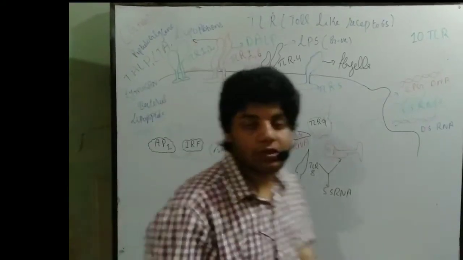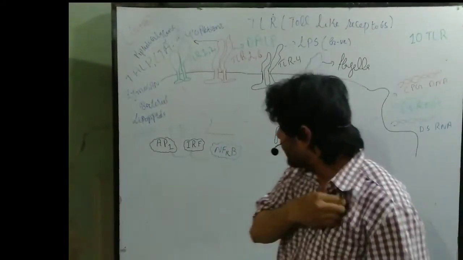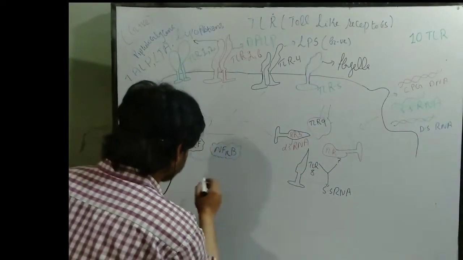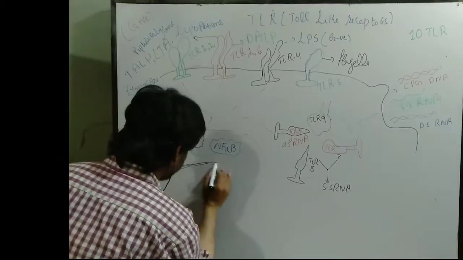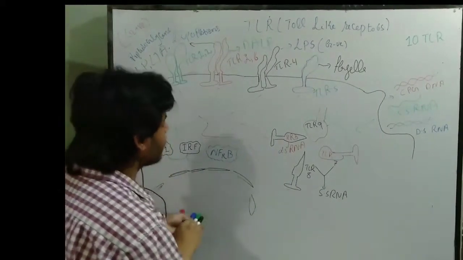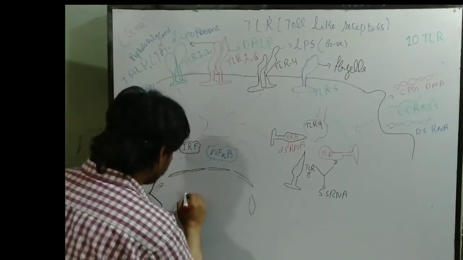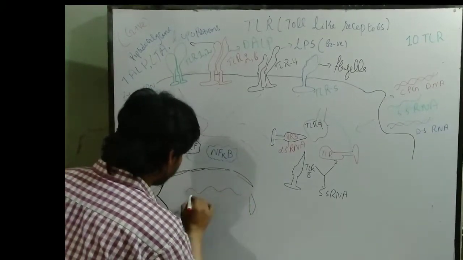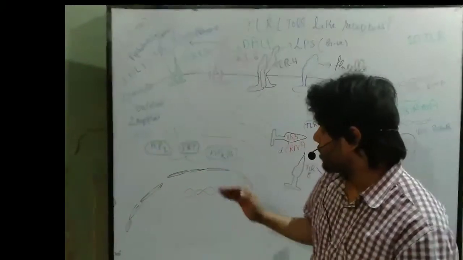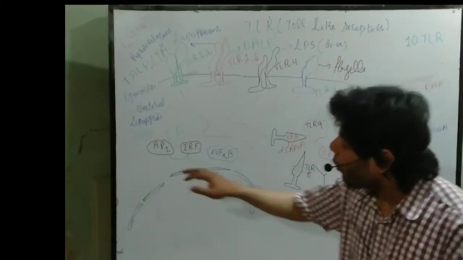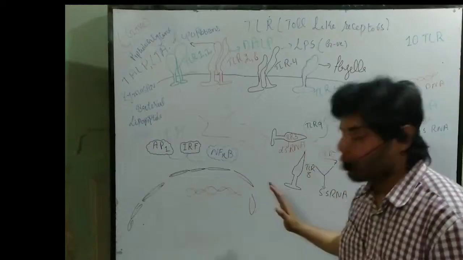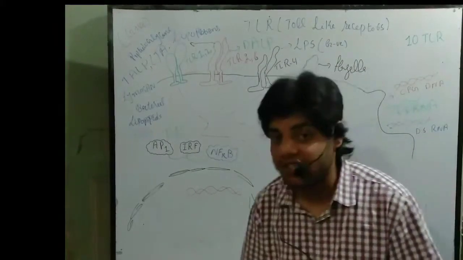So once the transcriptional factors are activated, each cell also has a nucleus, so let me draw the nucleus here. Inside the nucleus they contain the genome, or we can say the DNA. Let's say this is the DNA of the phagocyte. Once the AP1 factor is activated, it will sit here and transcribe this DNA and produce a messenger RNA.